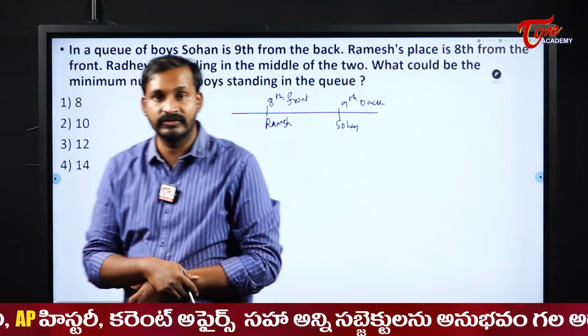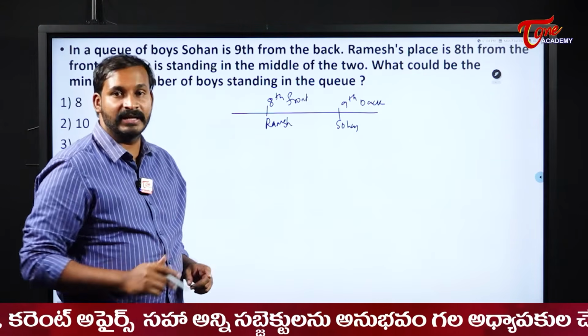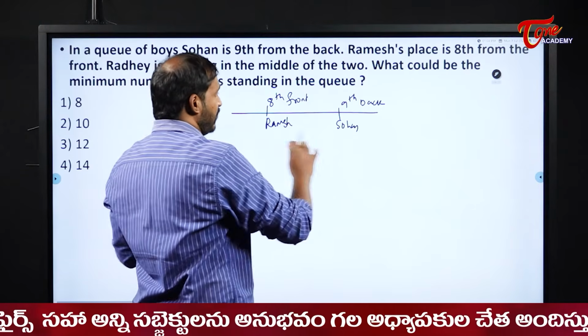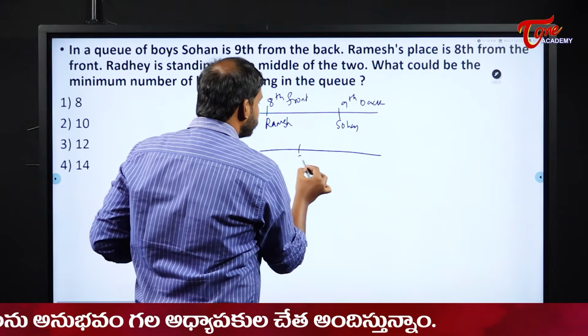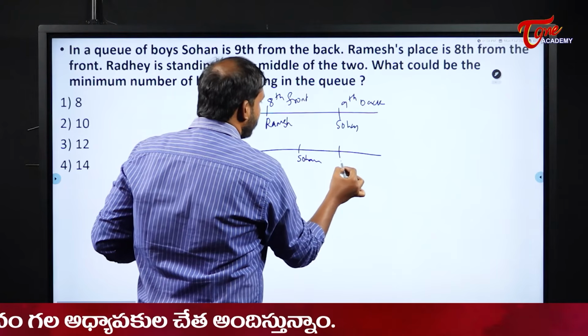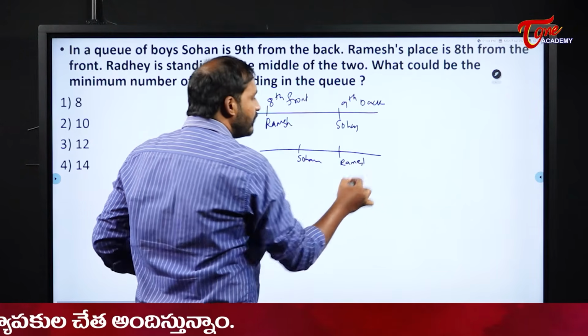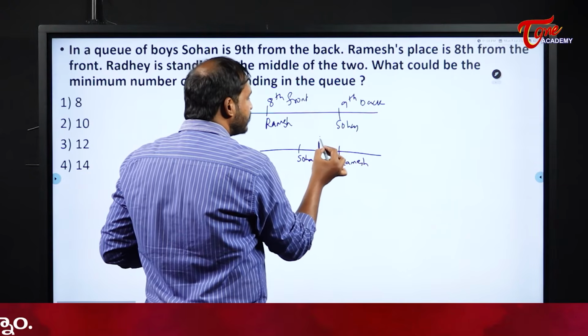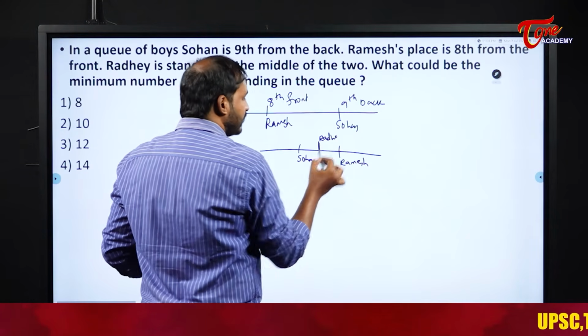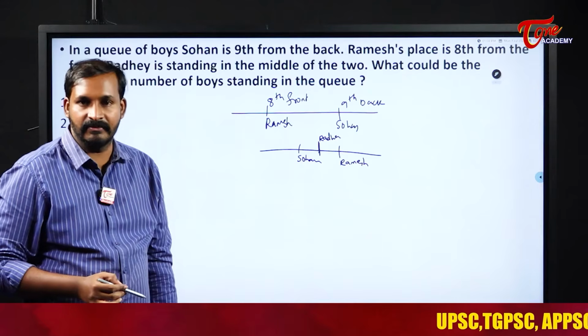Minimum means what I told you, students. Definitely overlapping, right? If I take Radhe here, I will get the maximum number of people. But if they overlap, that means if Sohan comes here and Ramesh goes here, then I will have the minimum number of persons. To have the minimum, definitely only one person is there between them, that is Radhe.